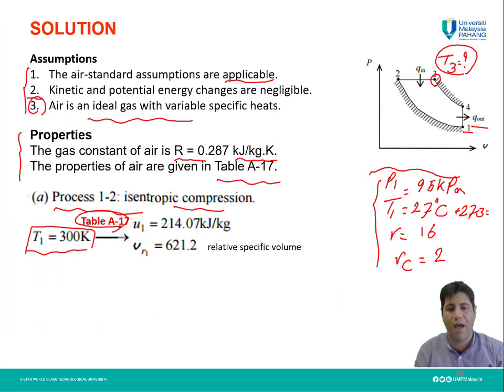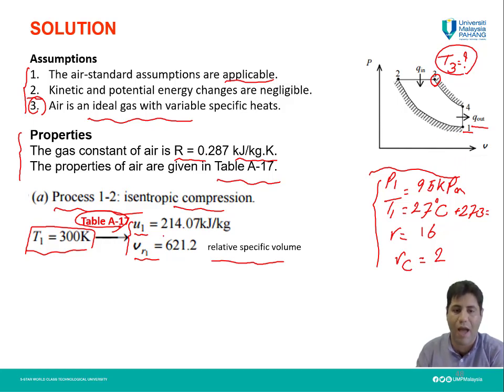We can find properties like internal energy, or U1, and also relative specific volume for state 1 directly from table A17. Fortunately, we don't need interpolation to find these properties. So we can find directly U1 and VR1 as the internal energy and relative specific volume for air in state 1.